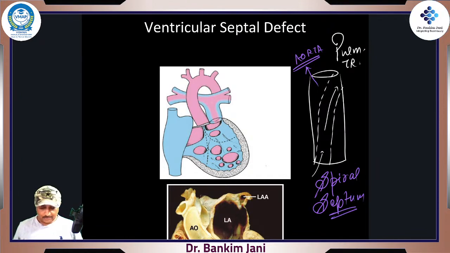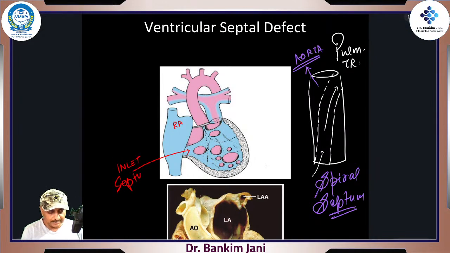And so in the ventricular septum, because this is a large area, a big one, there are three things which we need to know. One, this portion, as it goes from right atrium to right ventricle, this would be our inlet septum.